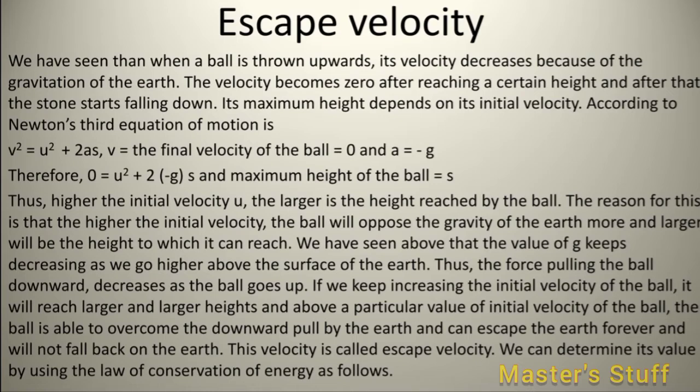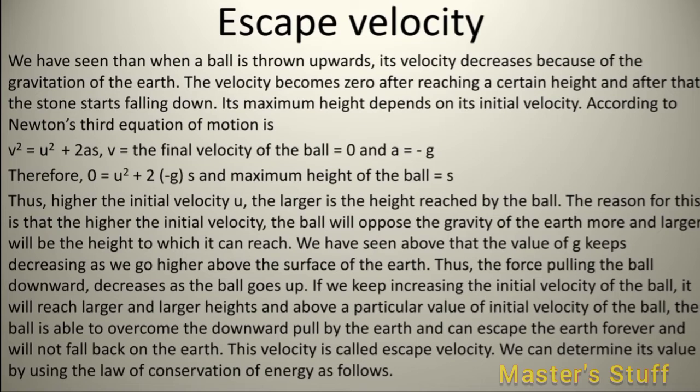We have seen above the value of g keeps decreasing as we go higher above the surface of the earth. Thus, the force pulling the ball downward decreases as the ball goes up.